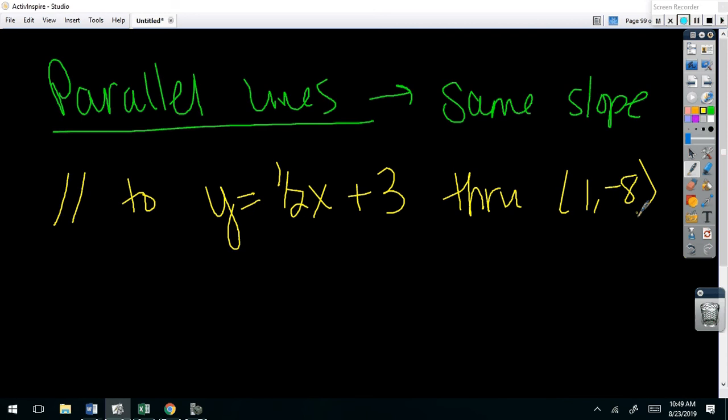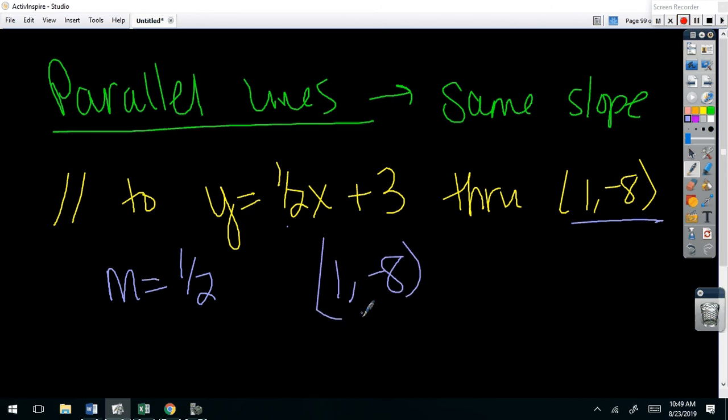You need what to write the equation of a line? You either need 2 points or a slope and a point, right? What do you have? You have a slope and a point, right? If parallel lines have the same slope, what's the slope of my line? 1/2. What's the point?